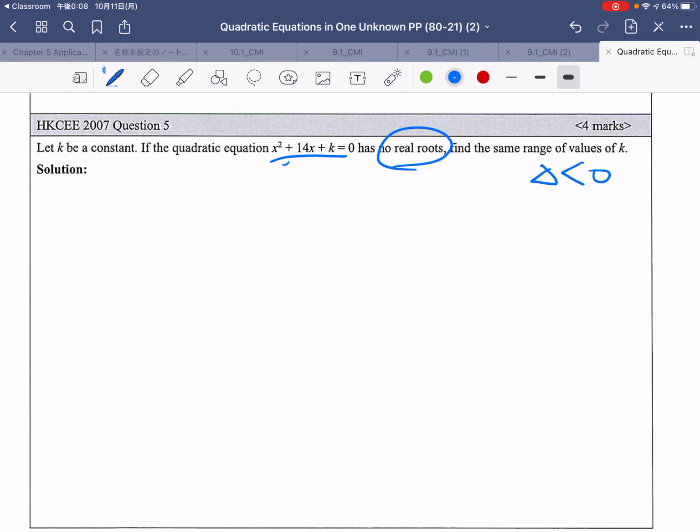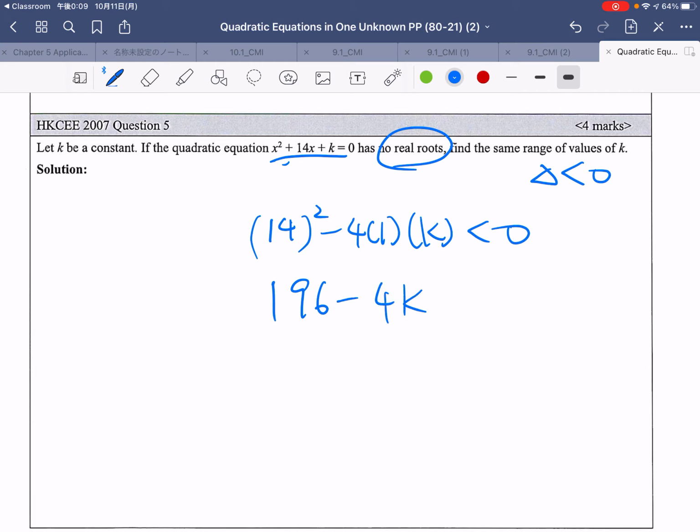So we have b squared minus 4ac less than 0, so 196 minus 4k less than 0.